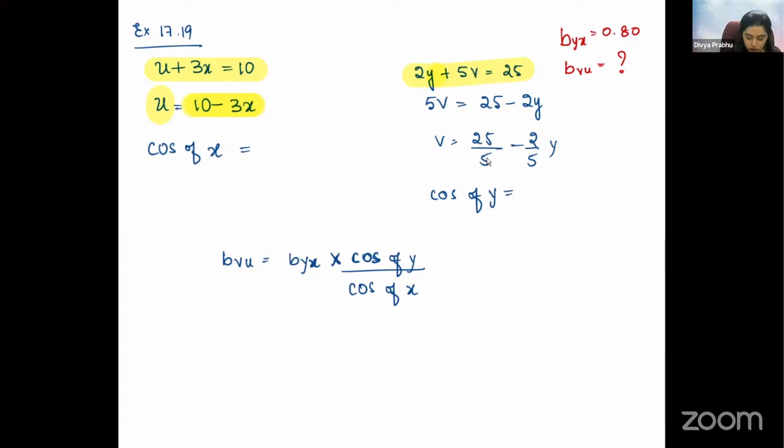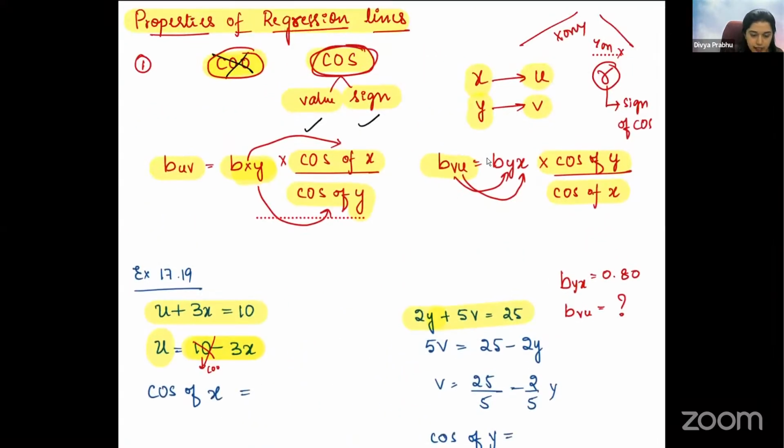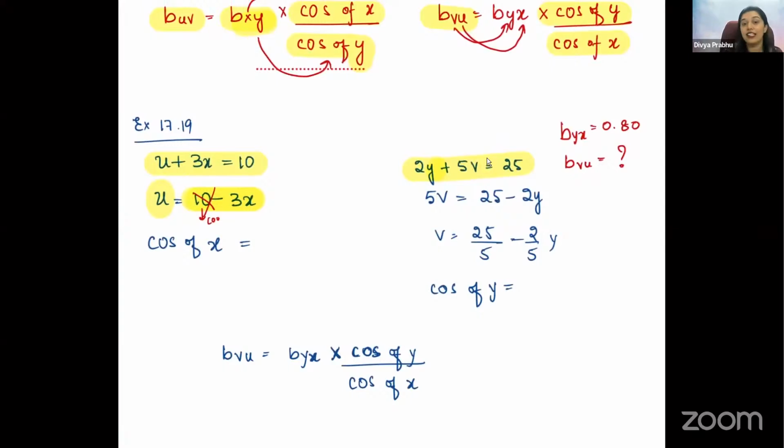What will be the change of origin? So 10 is the change of origin, which you can ignore because I want only the change of scale, correct? So the change of scale along with the sign and value, which is minus 3. Don't say x here, it is only minus 3. So the change of scale of x will be minus 3.